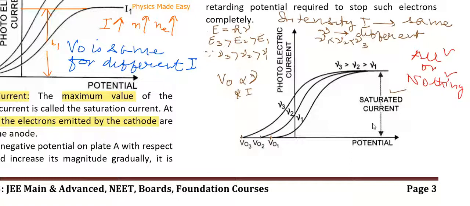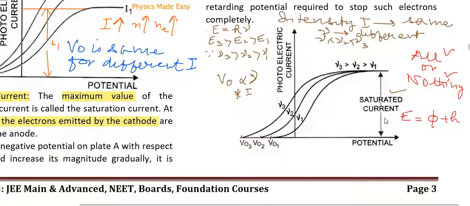Another fact: the incident energy of the photon is used for two purposes. One for providing the work function, the other for providing kinetic energy. Work function is mandatory. Why mandatory? Because without that, the electron won't come out of the surface. And the remaining part will be used as kinetic energy of the electron.